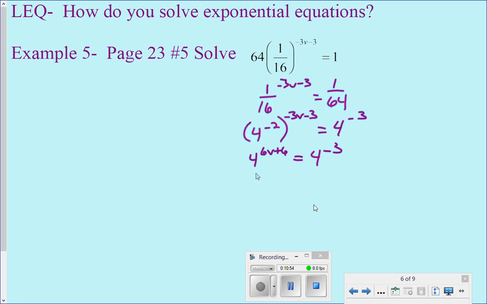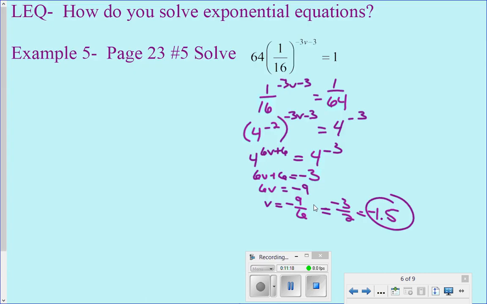So then I'm just going to set 6v plus 6 equal to negative 3. So 6v equals negative 9. So v equals negative 9/6, which simplifies to negative 3/2 or negative 1.5. Okay, and that's my final answer. And again, you could use that approach, or if you had taken the log of each side, you would also get v equals negative 1.5.